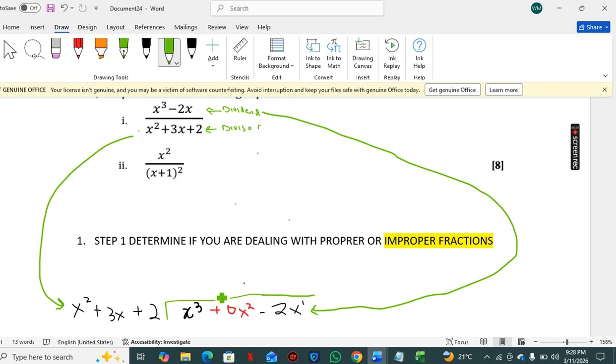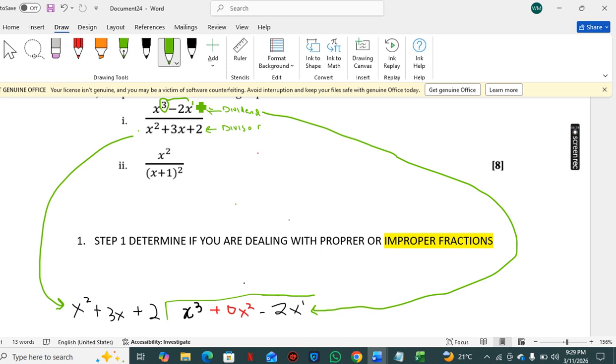You have to put these powers in order so that you can divide properly. So we just brought it in ourselves. We brought it in ourselves because when you look here on top, it's going from x to the power 3 to x to the power 1. So it has skipped x to the power 2.